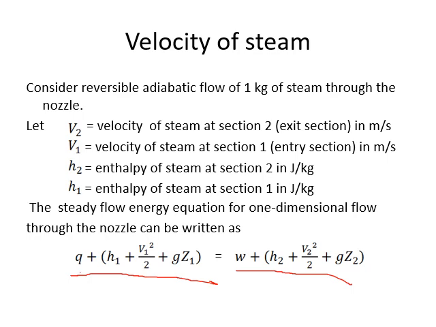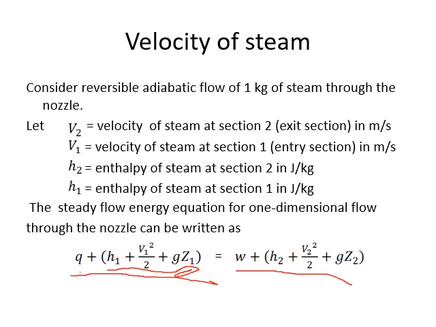The expression within the bracket, that is on the LHS, H1 plus V1 square upon 2 plus gZ1, is the energy transported in the system with steam, which is the sum of enthalpy H, kinetic energy, that is V square upon 2, and potential energy, that is gZ1, Z being the elevation of steam.